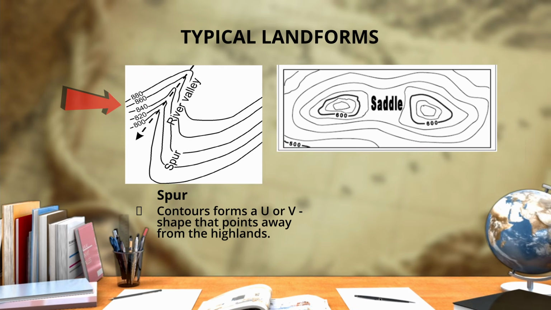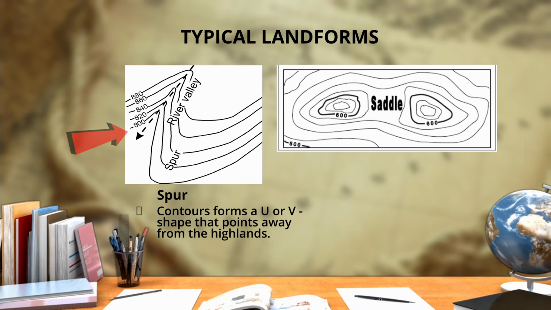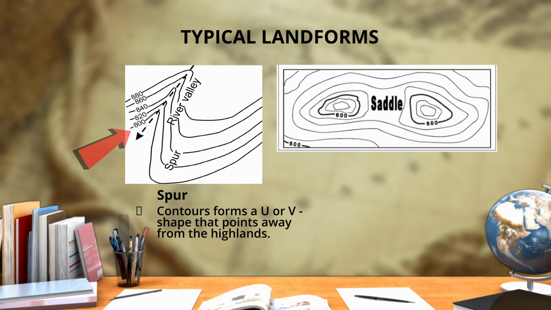This 880 meters is the highest number, and on the valley it is outside the V. While if we look at 800 meters, which is the smallest height, on the valley we can see that it's inside the V there.